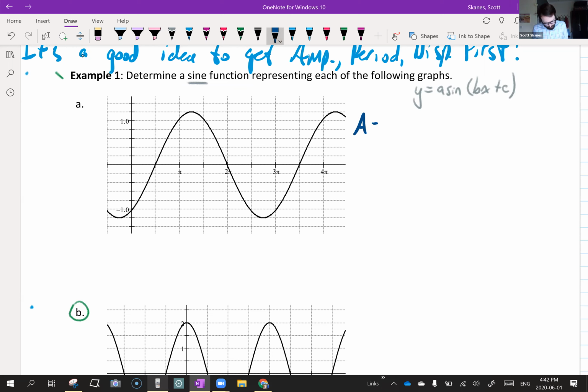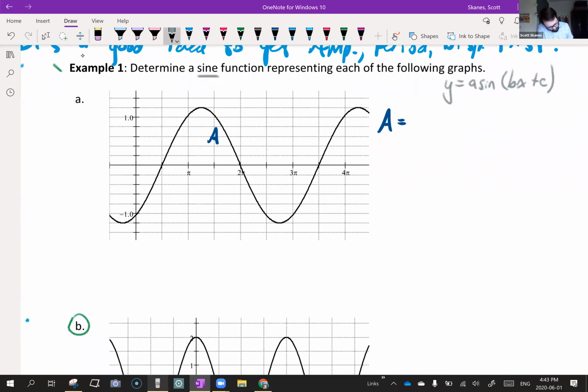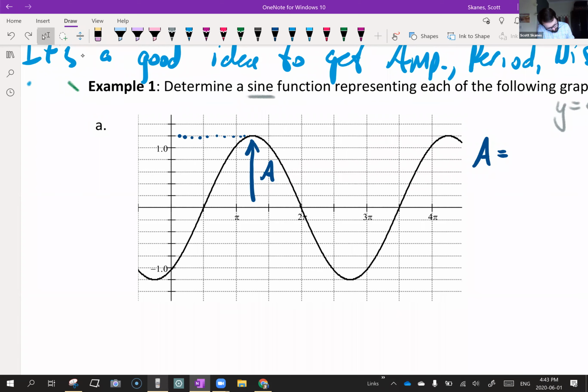Well, what's the amplitude? Hopefully you can see from the graph what the amplitude is. It's a little bit tricky because it's not clear. It is not 1. The amplitude is this height. Everyone says 1. It's 1.2. If you look at this carefully, take your time, you'll see that this is 0.2, 0.4, 0.6, 0.8.